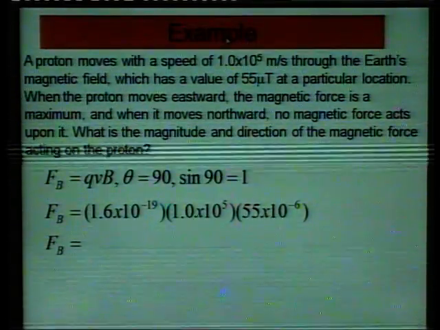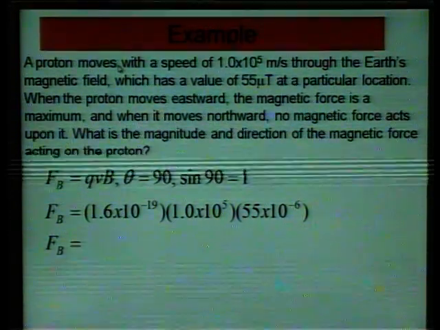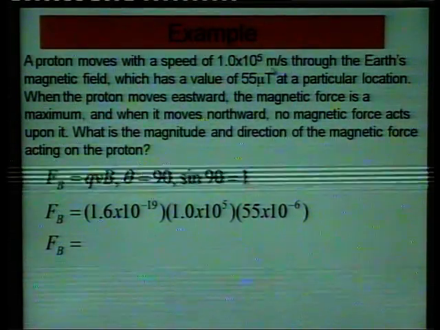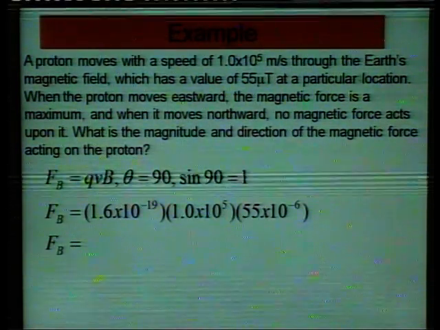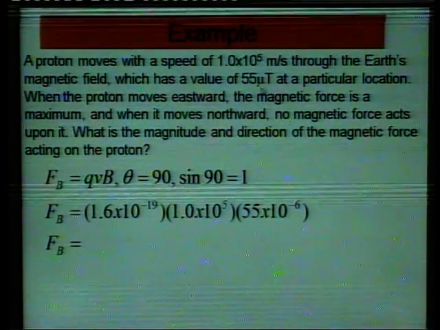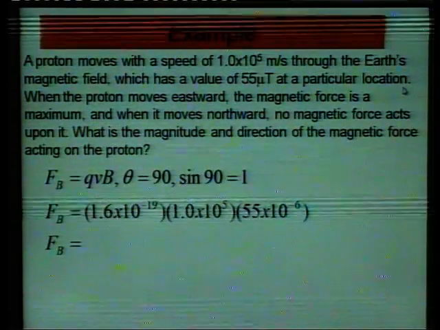Next, another example. A proton is moving with a speed of 1 into 10 raised to the power 5 meter upon second through the Earth's magnetic field, which has a value of 55 micro Tesla at a particular location.